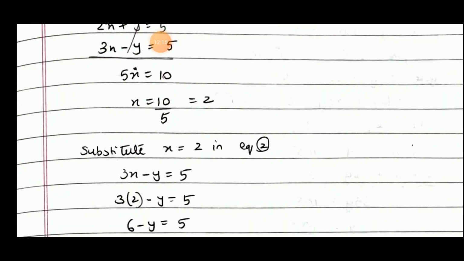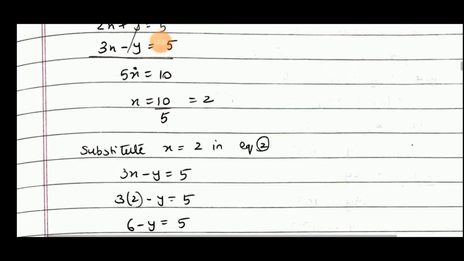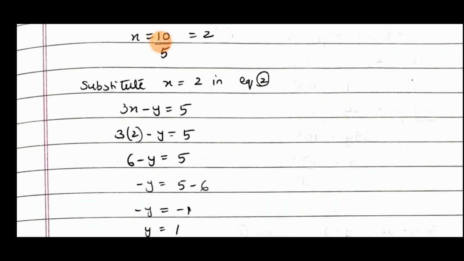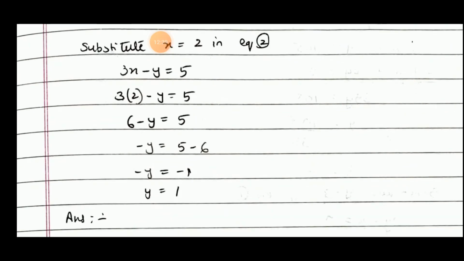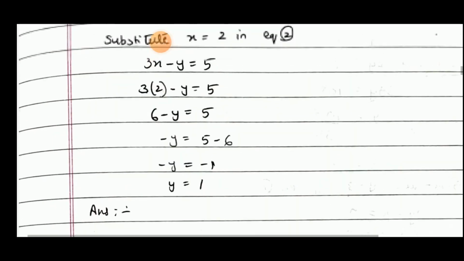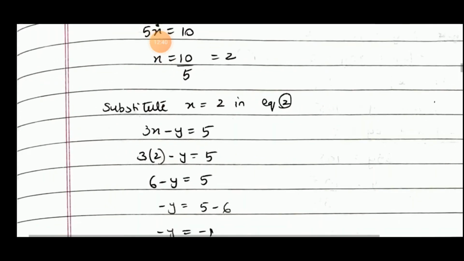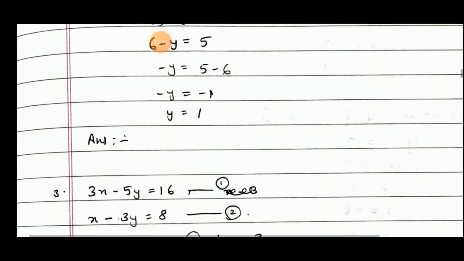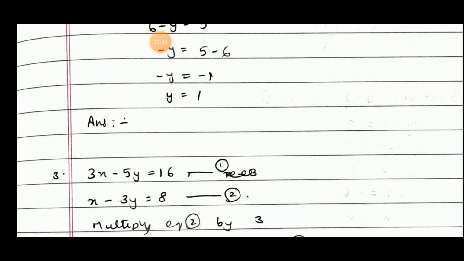Substitute x is equal to 2 in equation 2, 3x minus y is equal to 5. 3 2s are 6 minus y equal to 5. So 6 minus y is equal to 5, minus y is equal to 5 minus 6, minus y is equal to minus 1, y is equal to 1. So the answer will be (2, 1) is the solution of the simultaneous equations.